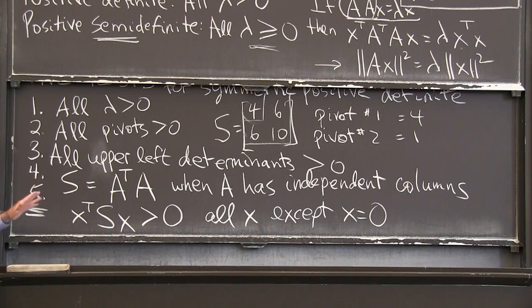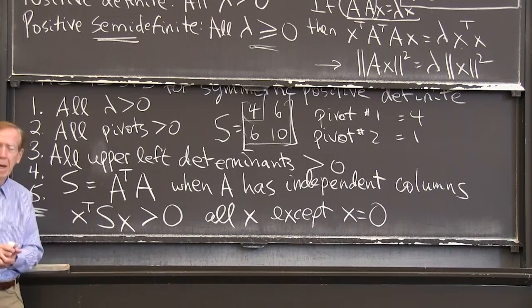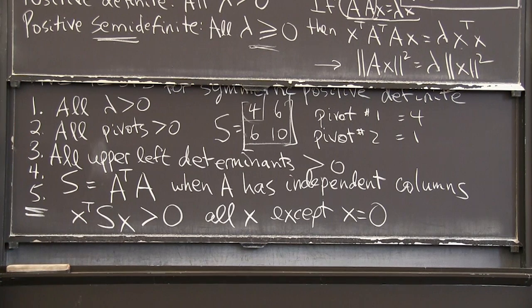But I won't throw away this board here. You see eigenvalues, pivots, determinants, A transpose A, and energy. Really, all the pieces of linear algebra. The A transpose A, we'll see it more and more. It comes up in least squares.